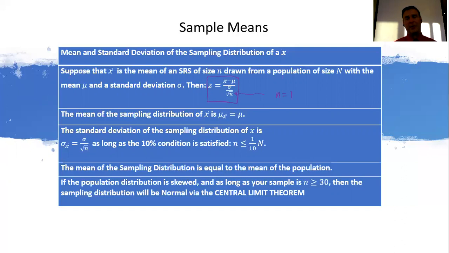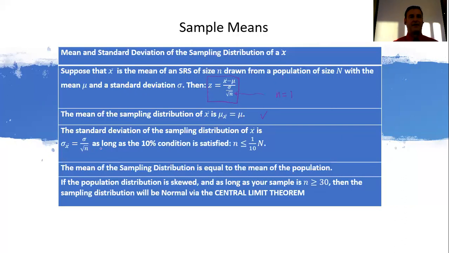Now we're dealing with grabbing a group of items, averaging them together, and asking collectively, what is the probability that that group average is less than, for example, 2010 or greater than 2011? We talked about this earlier. The mean of the sampling distribution is equal to the population mean, provided that you use every single sample average of a certain sample size.